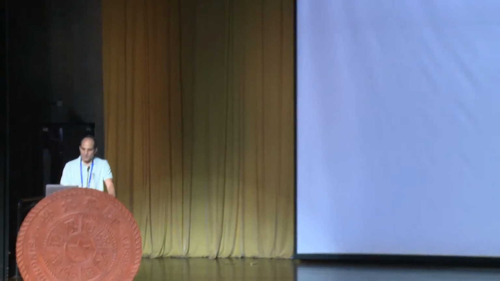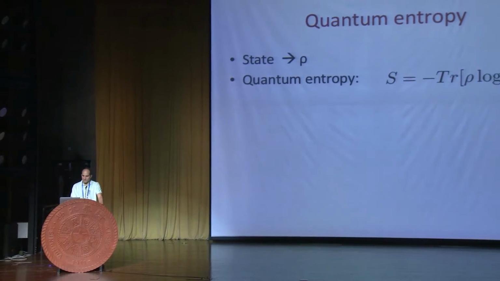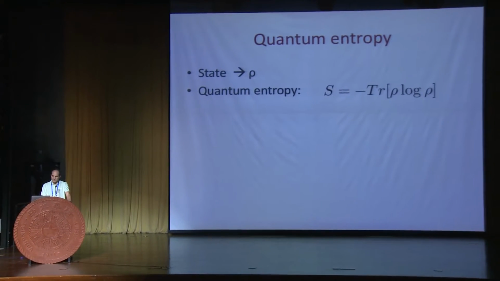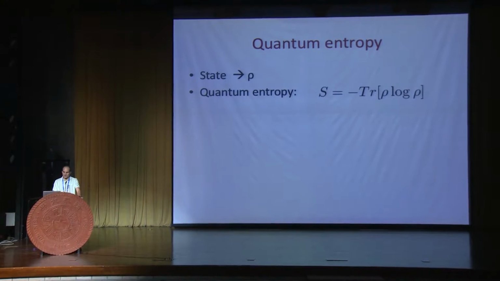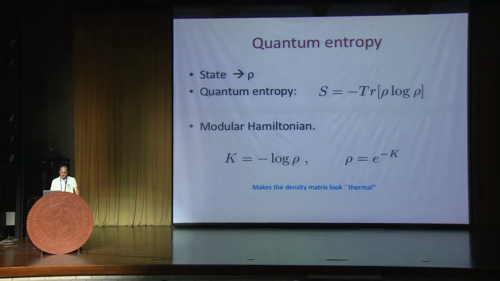Okay, so quantum entropy. We imagine a quantum system characterized by a state given by a density matrix rho. Then the quantum entropy is defined by this formula, the von Neumann entropy. Now, there are some associated useful concepts, and one useful concept is the modular Hamiltonian, which is simply the log of the density matrix.